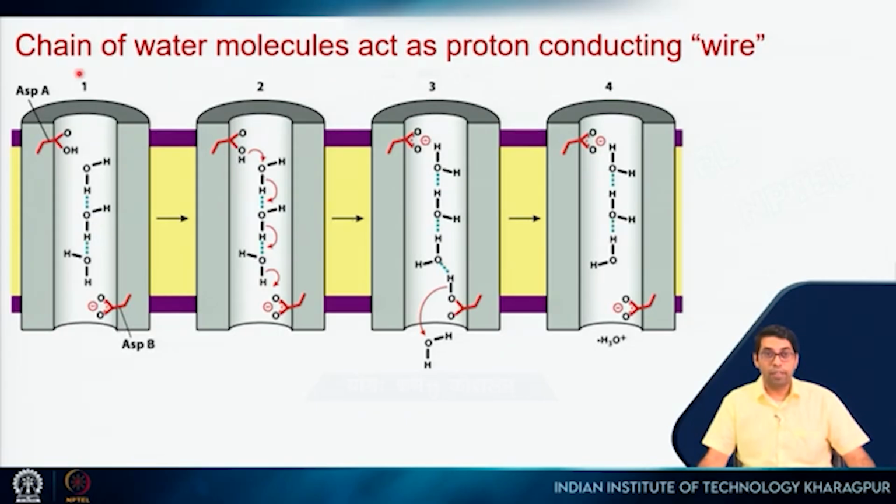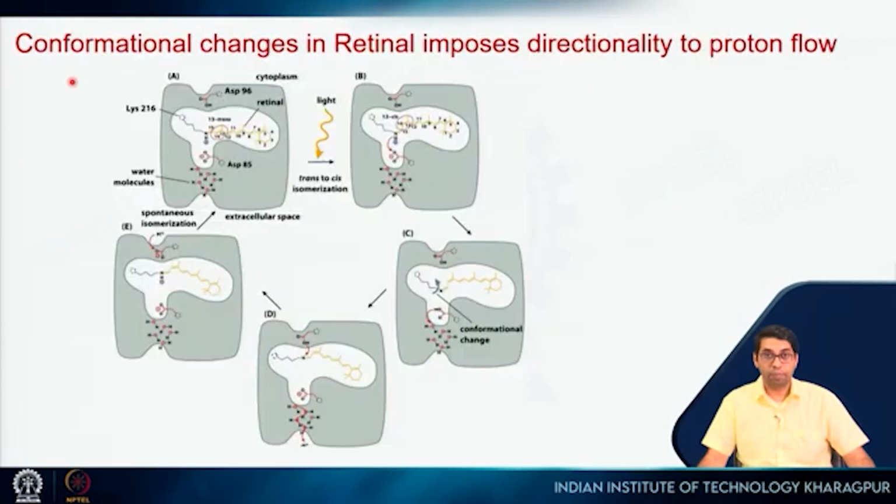So it allows proton transfer only in one direction and not in the other direction. So that is shown in this particular schematic diagram. So here you see this is retinal, and as I mentioned earlier, there are two aspartic acids which are important, aspartic acid 96 and aspartic acid 85.